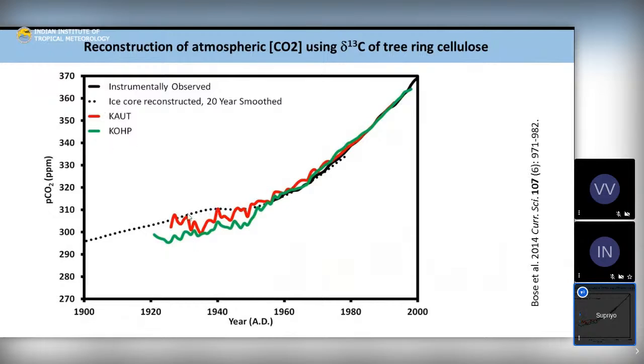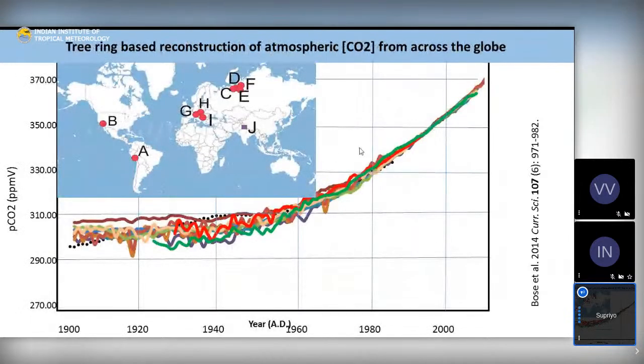And this dotted line represents the pCO2 values obtained from the ice core analysis, averaged for 20 years, and a good match was found between the ice core values and the tree ring derived pCO2 values.